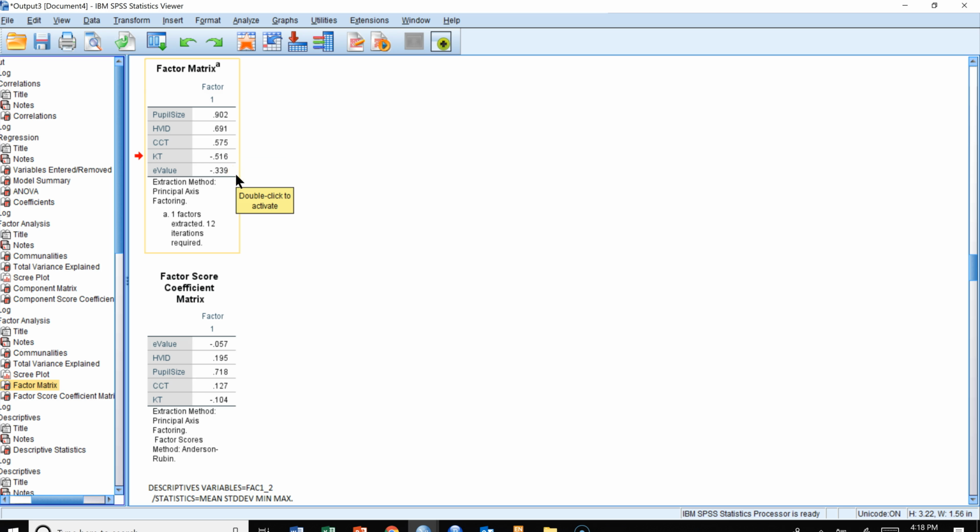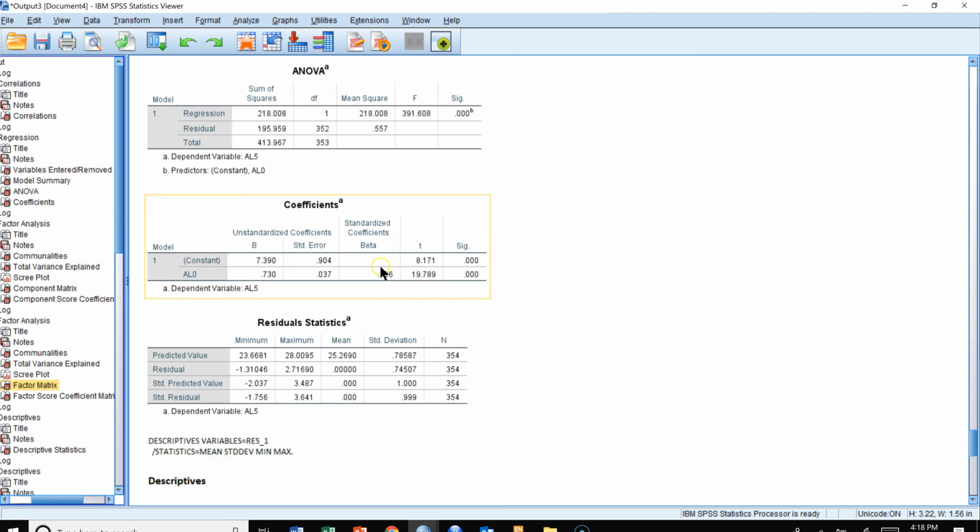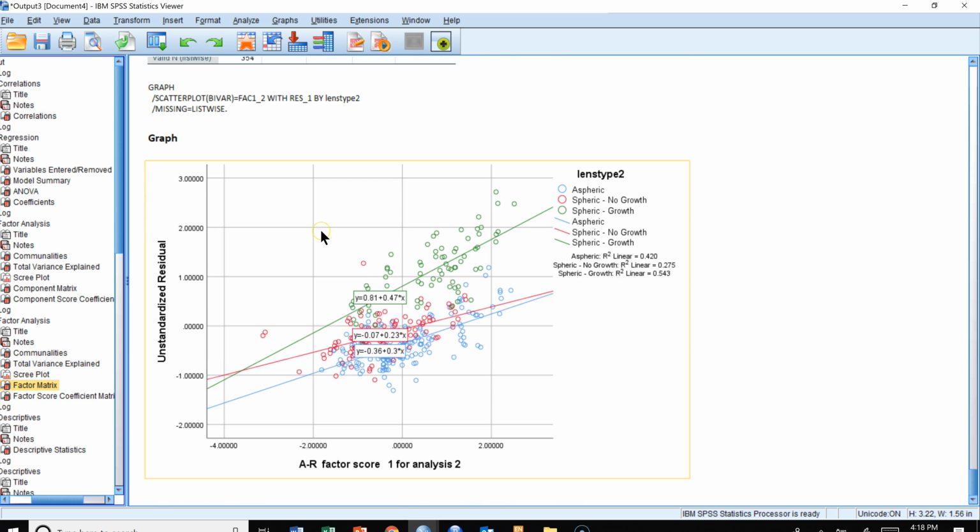As eccentricity becomes more eccentric, elliptical, there's less growth. So these things combined together to give us that final score. And you can think about what it means. Why would those things all work like that? And what do they do with light inside the eye, maybe from the periphery or whatever?